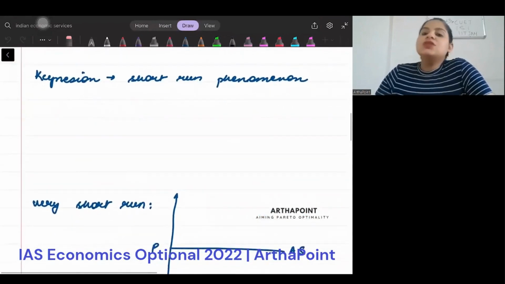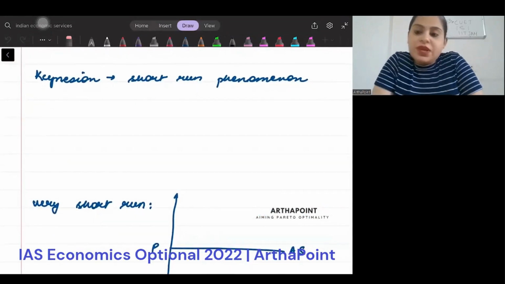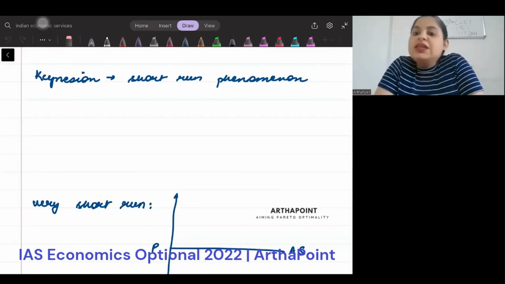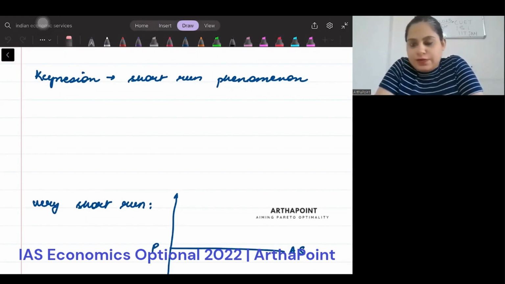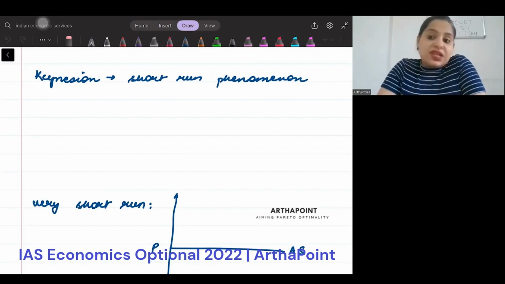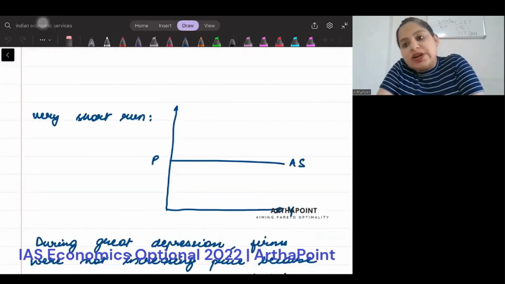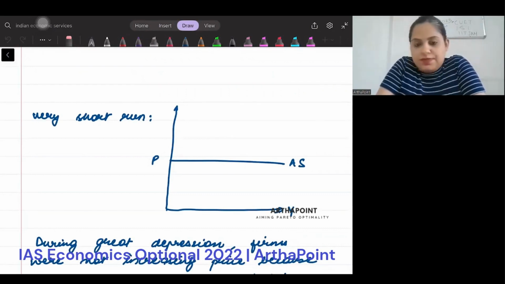But Keynesian is a short run phenomenon. Whenever you look in books, in case of Keynesian, you will be shown two different kinds of AS curve. The first AS curve that you will be shown is a horizontal AS curve. There is a reason behind it.